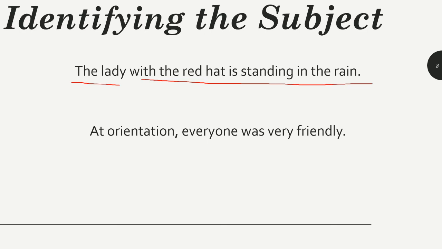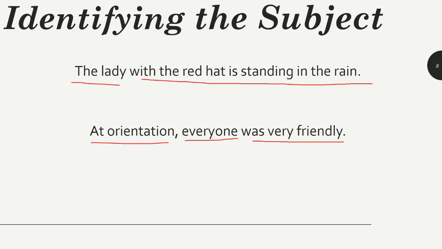Next, at orientation, everyone was very friendly. In this sentence, we have to understand the context of the sentence. So, the subject of the sentence is everyone, because at orientation shows time and was very friendly is an act or just additional information in identifying the subject.